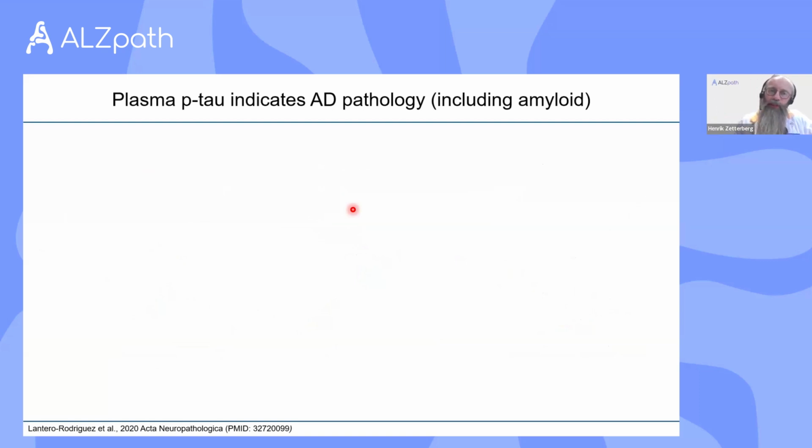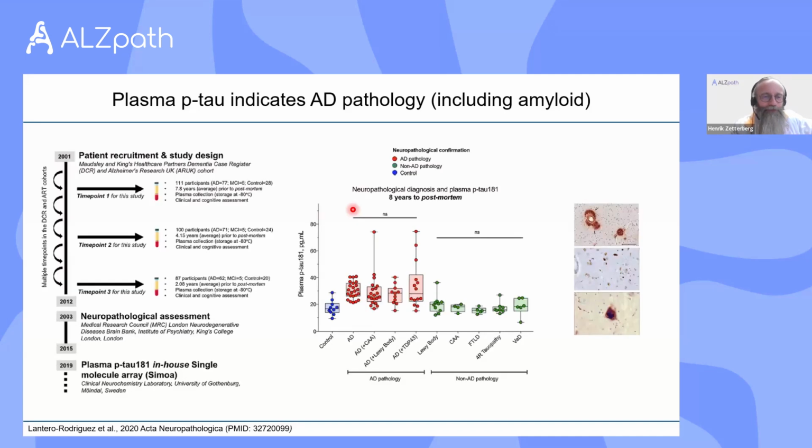So one could look at plasma, CSF and plasma phosphotau as a reporter of an amyloid effect on neurons. This is a little bit more complicated, and my dear colleague Kaj will also discuss this further, but that's the general take-home message that plasma phosphotau reflects amyloid. There are some more details to discuss here, and we will do it in this webinar.